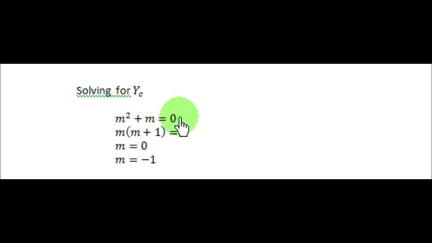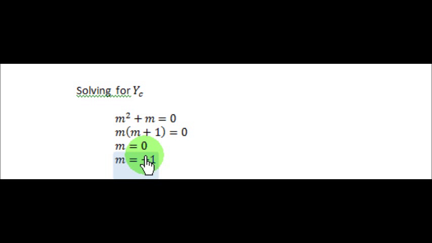We do this similar to the first two examples, that is, we let y equal e to the mx, and differentiate, then substitute. To find the values of m, we could factor it out, so our m1 will be equal to 0 and m plus 1 equals 0, so m equals -1.